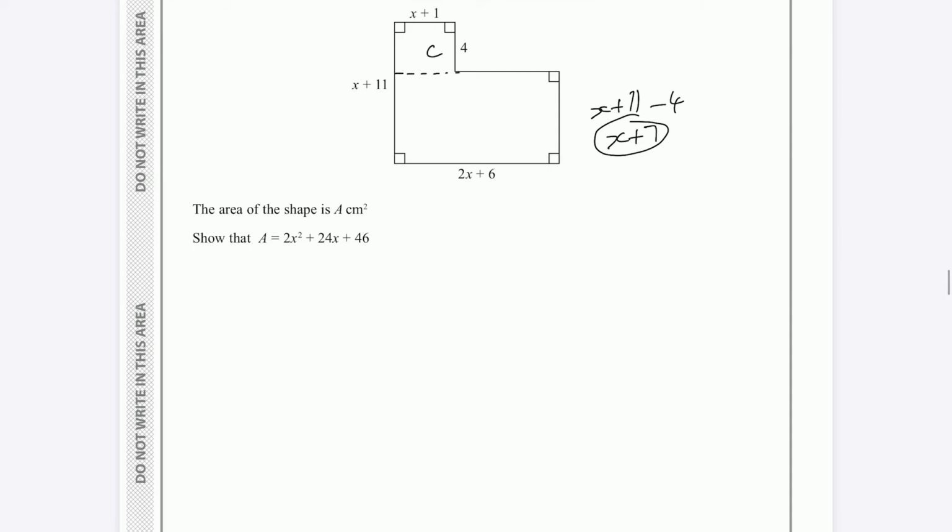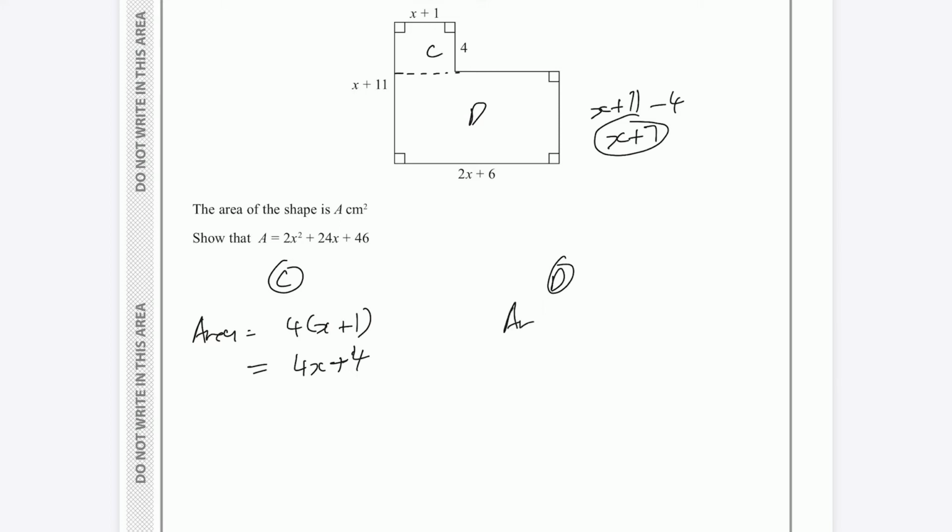So essentially I'll label this C and D. So shape C will have an area of 4 bracket x plus 1. So it's going to be 4x plus 4. And then the area of D is going to be the base times height.